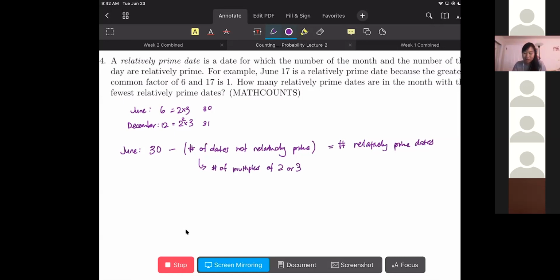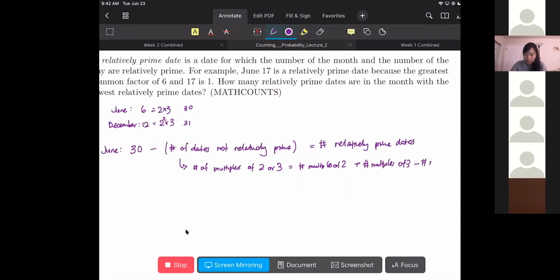So for the number of multiples of 2 or 3, remember this is the number of multiples of 2 plus the number of multiples of 3. And then since we're overcounting, we need to subtract out the number of multiples of 6.